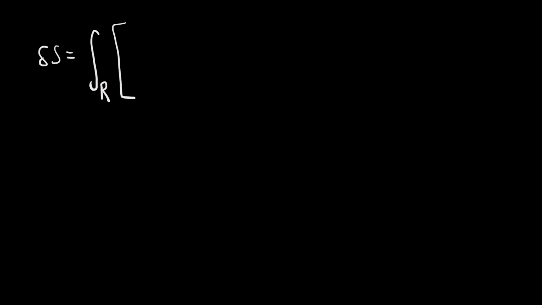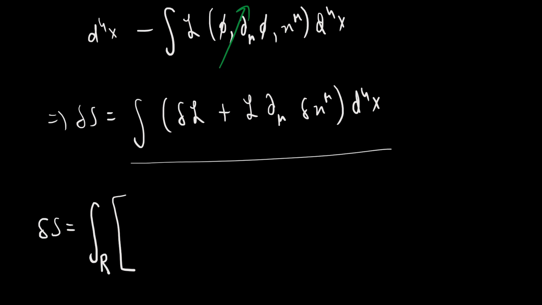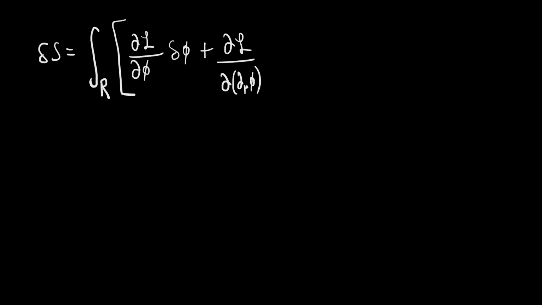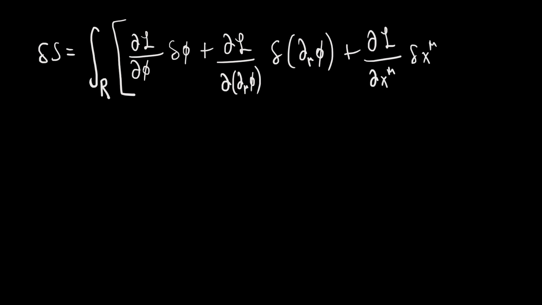And so first of all we have del L by del phi, plus del L by del mu phi, del mu phi, plus del L by del x mu.